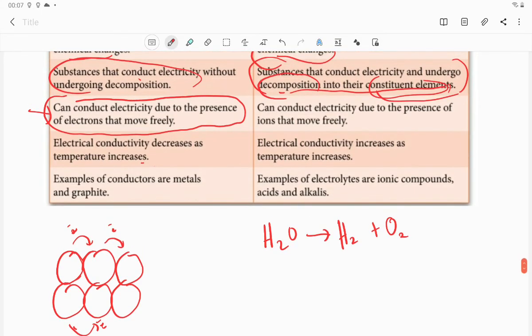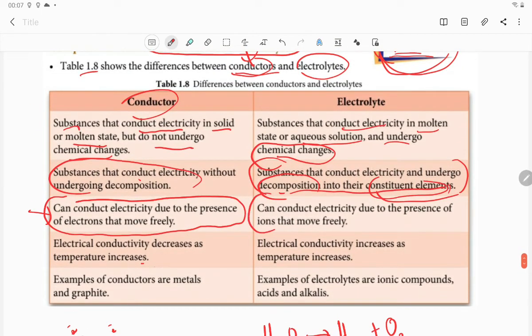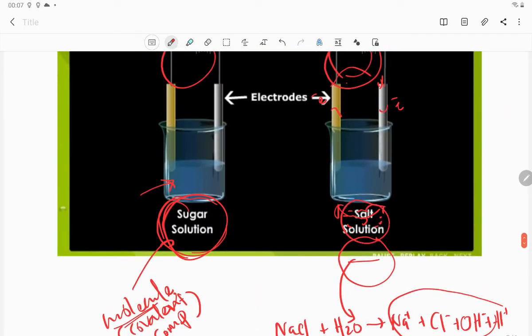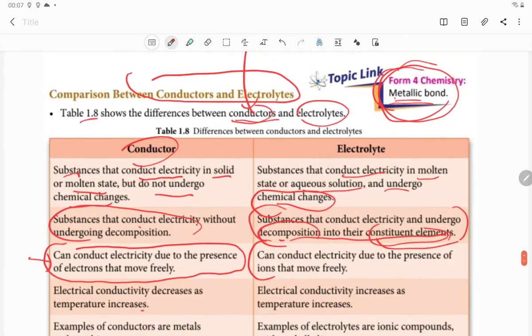But for electrolyte, it conducts electricity due to the presence of ions that move freely. This salt solution can conduct electricity because ions, positive and negative ions, move freely throughout the solution.